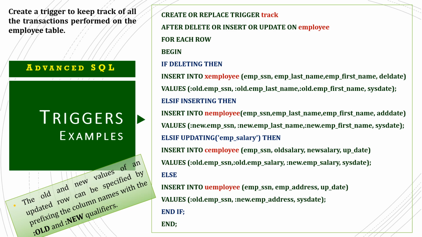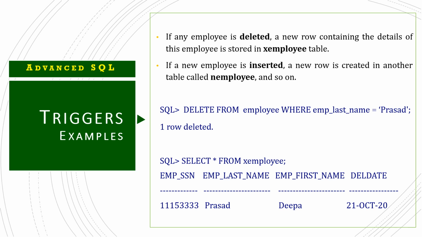Else, insert the details into the update employee table. With this we can track all the transactions performed on the employee table. If any employee is deleted, a new row containing the details of this employee is stored in the ex-employee table. If a new employee is inserted, a new row is created in another table called new employee, and so on.